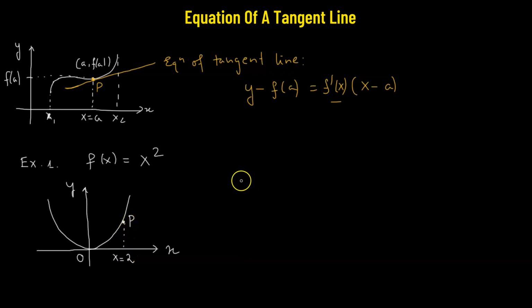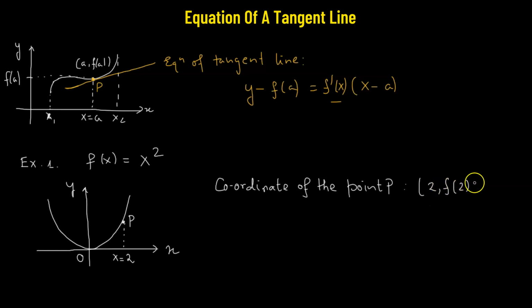So let's do that. For this we need the coordinates of this point P. The x value at that point is 2, and then the value of the function at x equals 2 will be f of 2. Our function is f of x equals x squared, so f at x equals 2 is 2 squared, which equals 4.